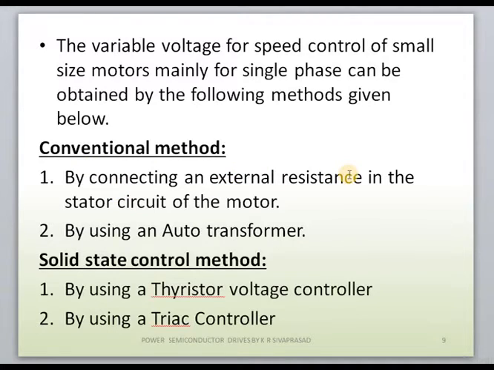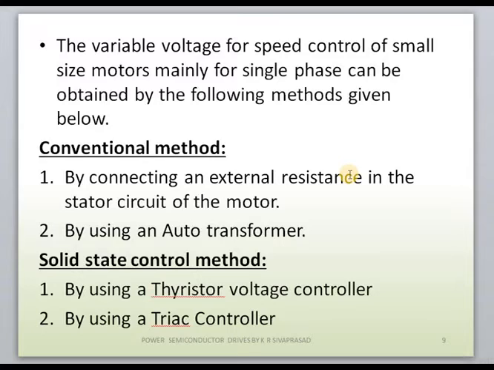First is external resistance. By connecting an external resistance to the stator circuit and varying the resistance value, we can change the voltage, because a drop will occur in the resistance and the voltage is reduced. With that we can control the speed of the machine.